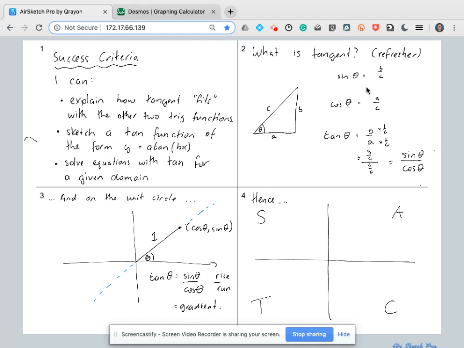If I use red for positive and blue for negative, and I draw an angle in the first quadrant, the gradient is positive because it's going left to right, it's going upwards. And if I draw, say, I'll do it at a different angle just so it's quite pronounced.